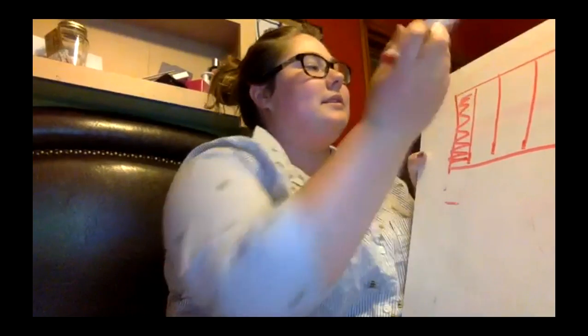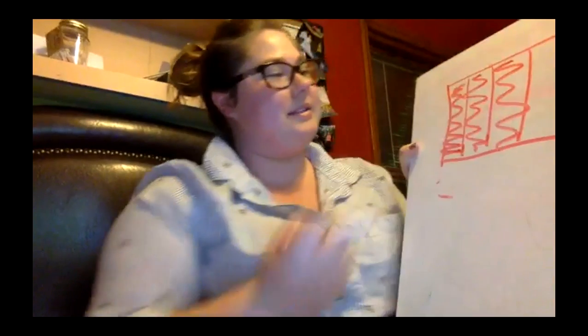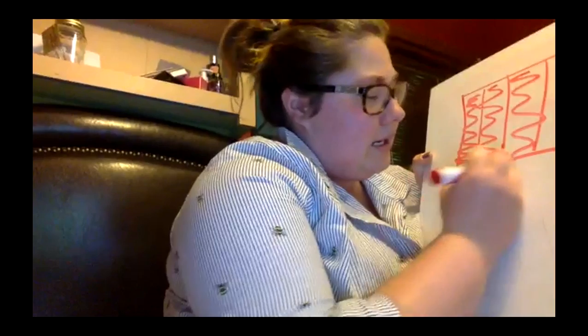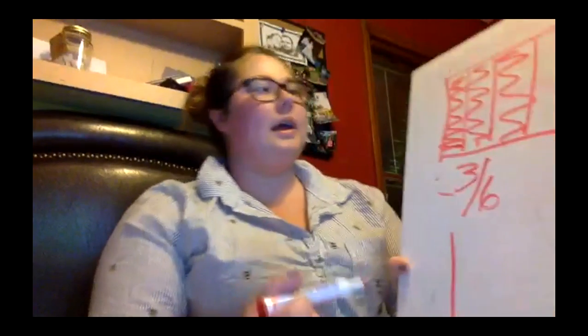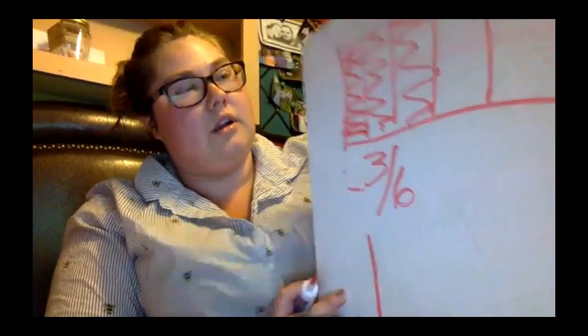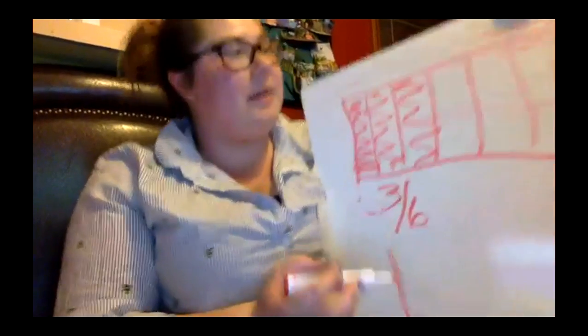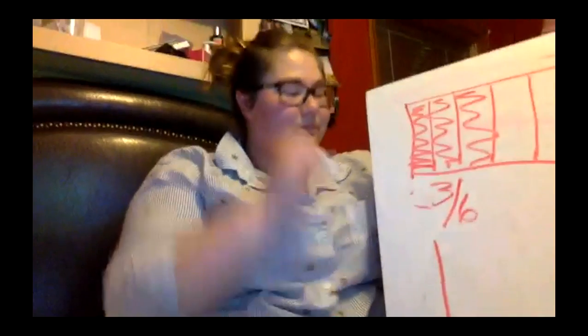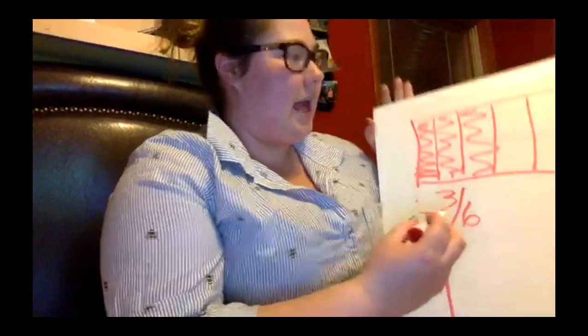I want a piece. I'm going to give Savannah a piece, and I'm going to give Katie a piece. This is 3 sixes. All right. So if you look at that, how many pieces did we cover? Can y'all see? 3. Out of how many pieces? 6. All right, and say we were going to draw a half.